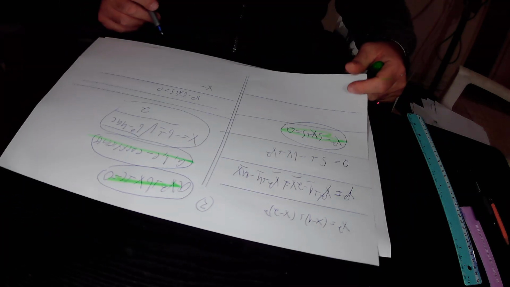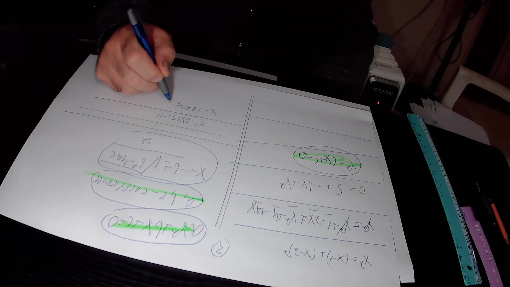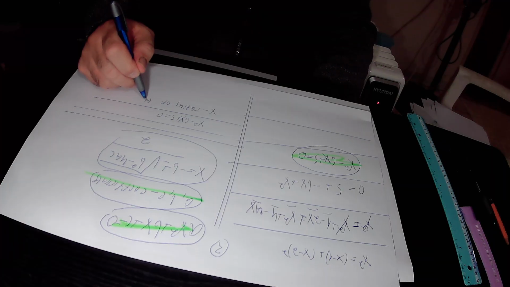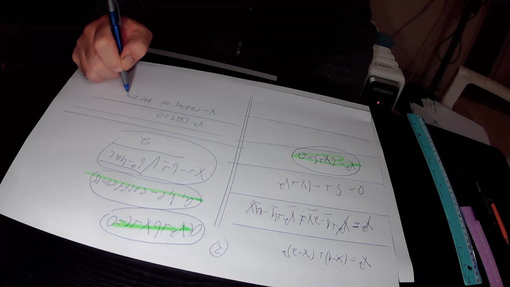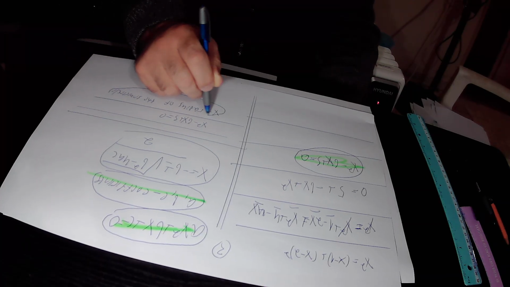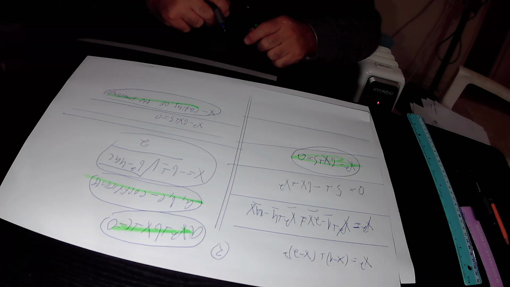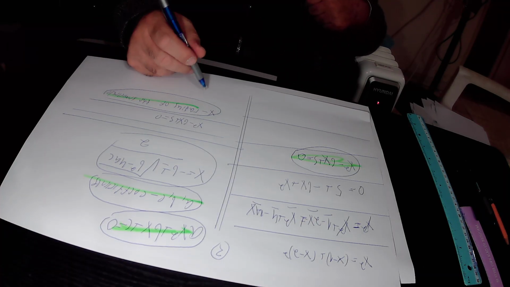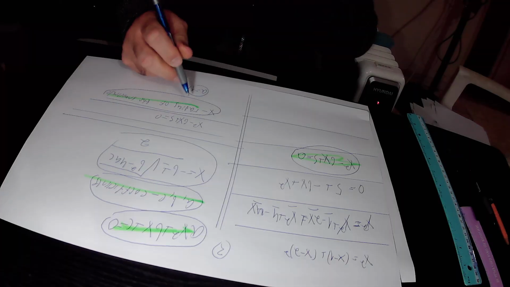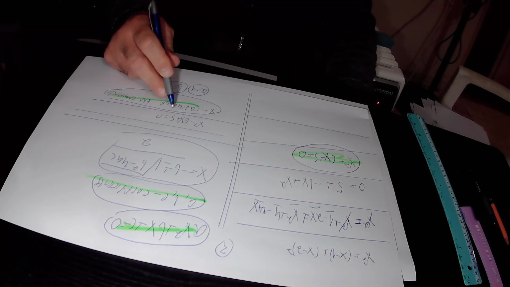So, as you know, x is the radius of the semicircle. The coefficient a equals 1, the coefficient b equals minus 6, and the coefficient c equals 5.